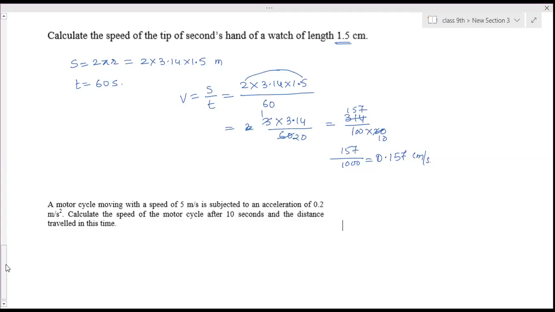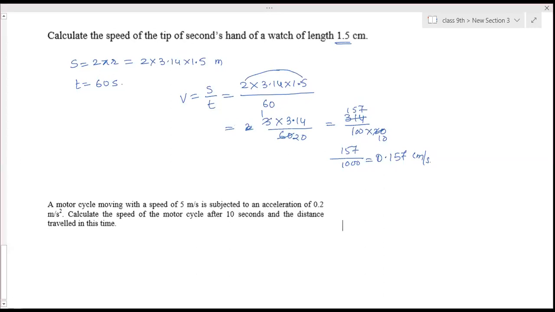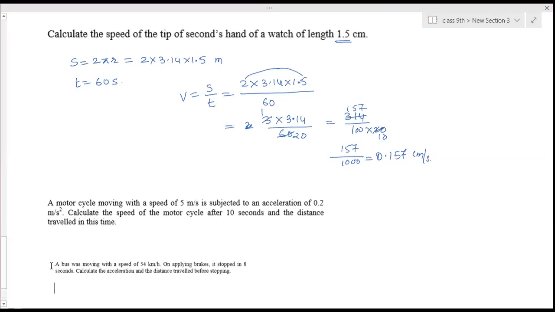Yes, right. Ma'am, the final velocity is 7, right? 7. Oh, 7, sorry, I didn't see. It's 7 meter. Ma'am, and the distance is 60 meters. Yes, ma'am, 60 meters.